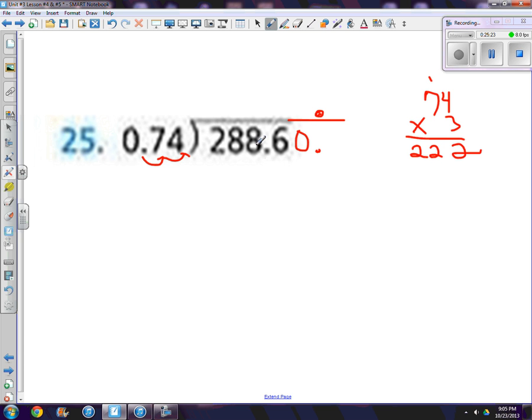Okay? So above this 8, I would put 3. Below, I put 22, and then I do the math. Subtract: 8 minus 2, 6. Bring down the next digit, which is a 6.